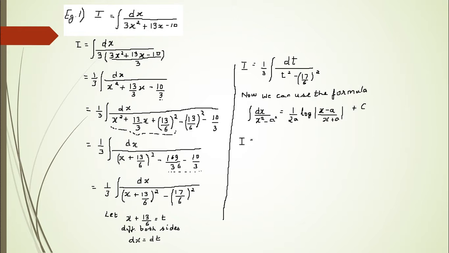I'll get I is equal to, first I'll write 1 by 3 as it is.